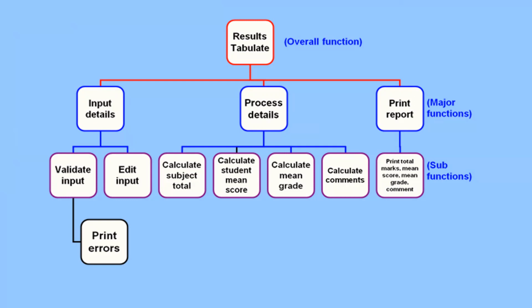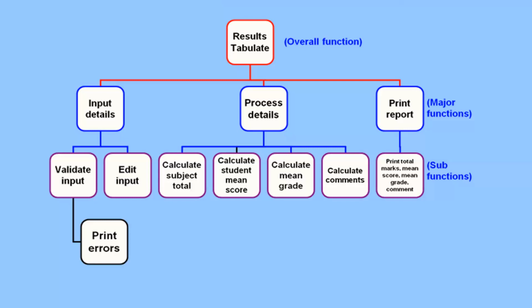The module for inputting details is further broken down into two submodules, or subfunctions: validating input and editing the input. The processing details function is broken down into four subfunctions. One is for calculating the subject total. The other is for calculating the student mean score. Another is for calculating the mean grade.